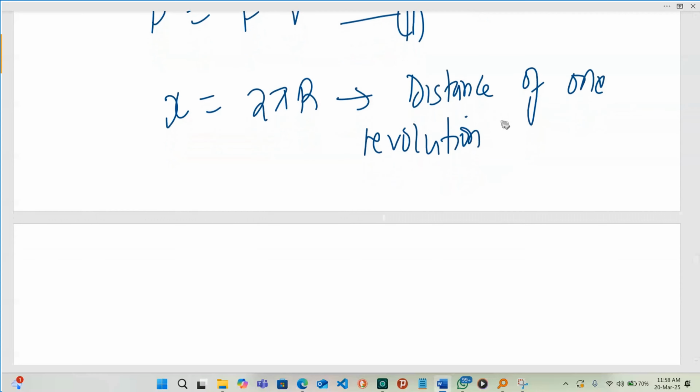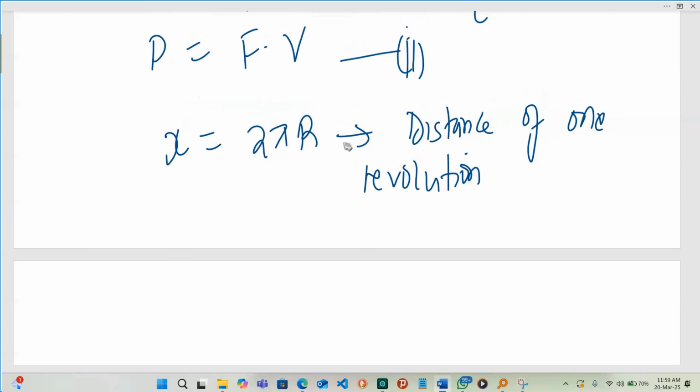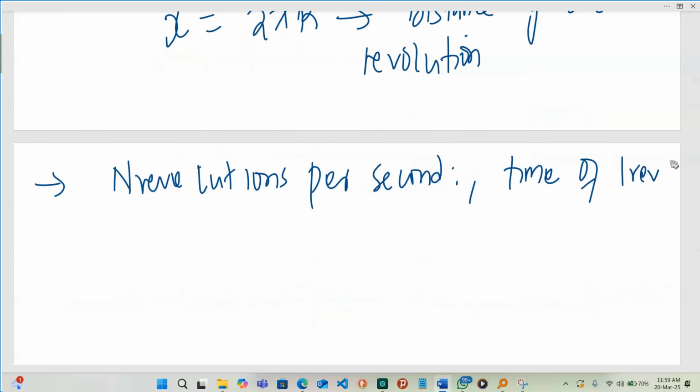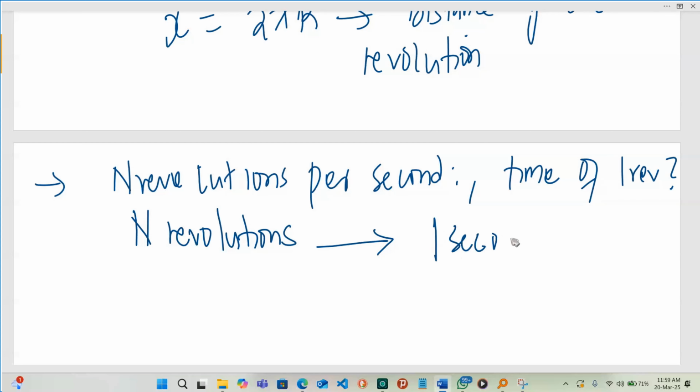If we have one revolution, then we can talk about a number of revolutions per unit time. So if the speed is n revolutions per second, then n revolutions take 1 second as time.